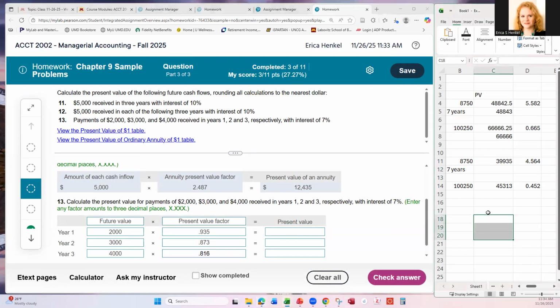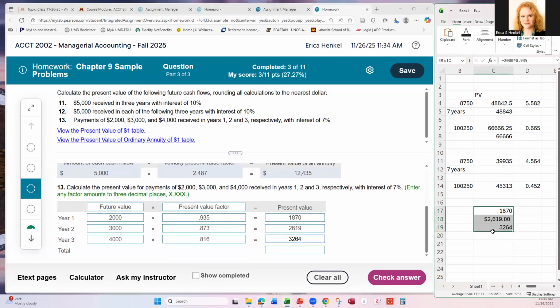So we're going to go ahead and multiply all of those across. And that's going to get us to 3,264.